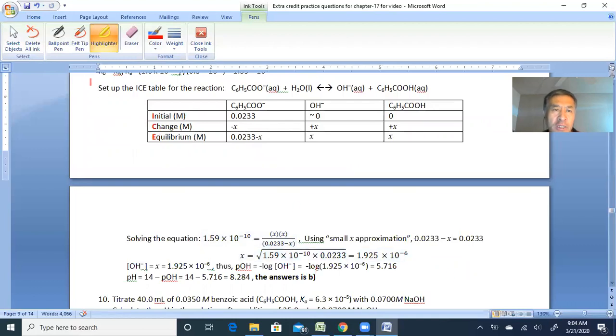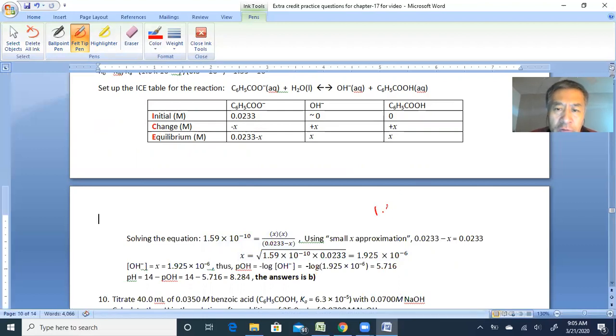Basically, if we use this approximation, the equation becomes 1.59 times 10 to the negative 10 equals x squared over 0.0233. Okay, so this is after we use the small x approximation.